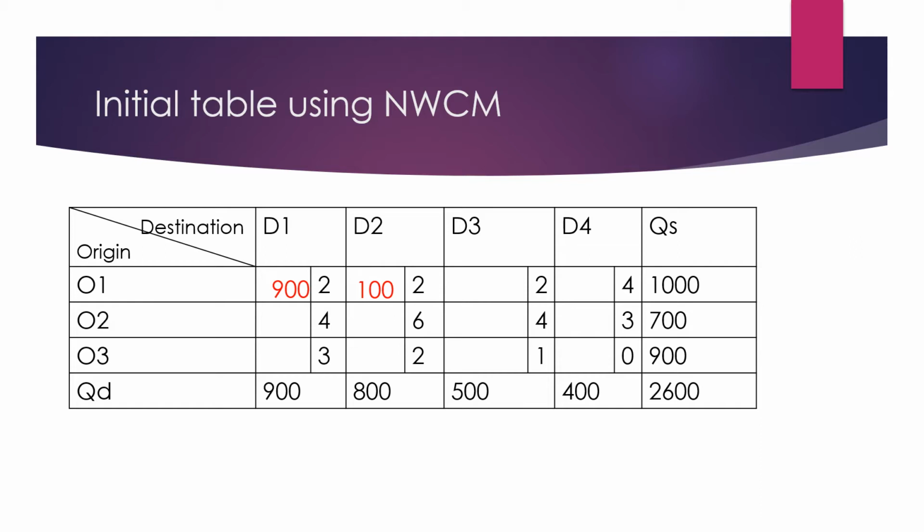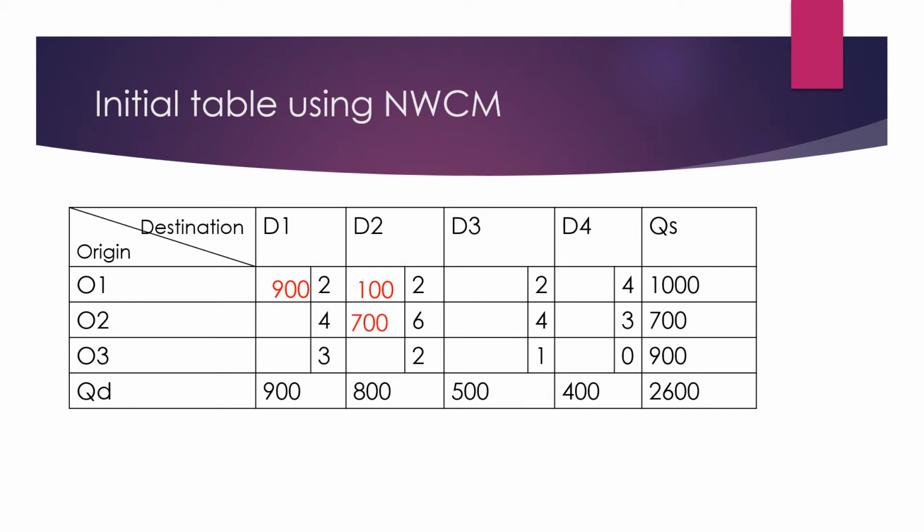As you can see, I have already allocated 100 from origin 1. Therefore, I only need 700 out of this 800 quantity demanded. As well, O2 can supply 700 units. Therefore, I can put this 700 in O2, D2 to fulfill the demand requirement as well as the supply requirement.